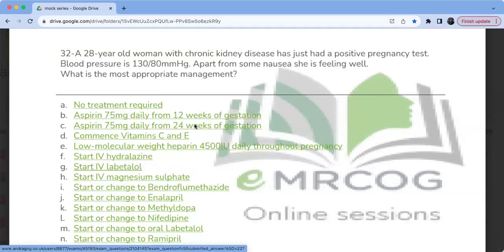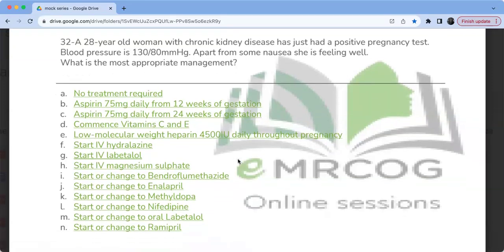A 28-year-old with chronic kidney disease has just had a positive pregnancy test, blood pressure 130/80. Apart from some nausea, she's feeling well. What is the most appropriate management? She should take aspirin and the dose should be 150. However, the question is written with the old dose, 75.